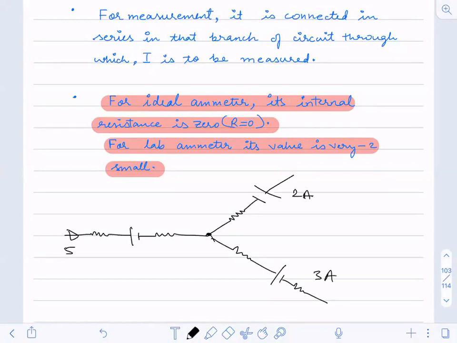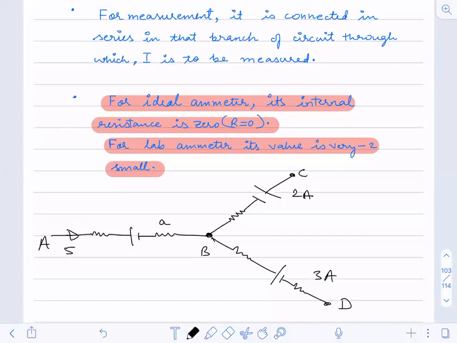Now, if I have to measure the current in resistor A, I'm giving you the points A, B, this is C, and this is D. So where will you connect the emitter?